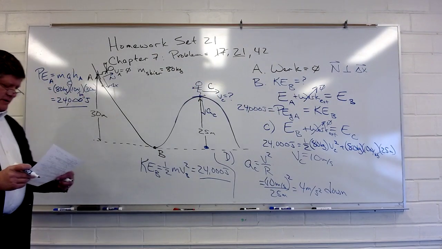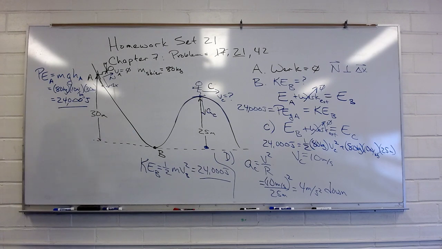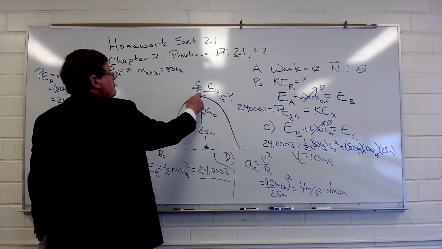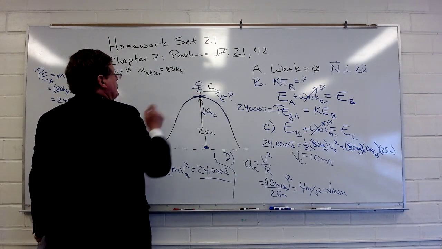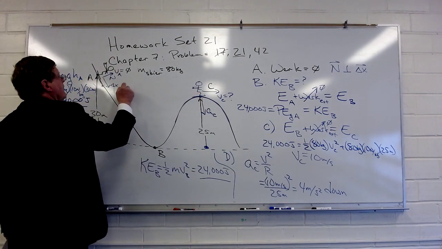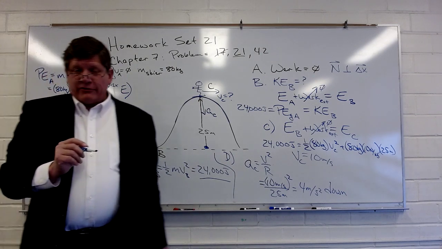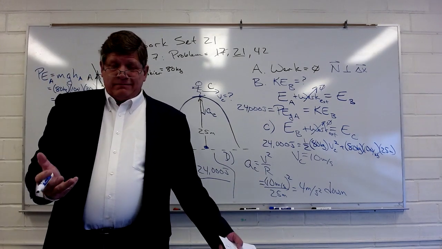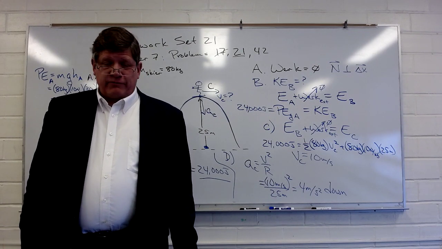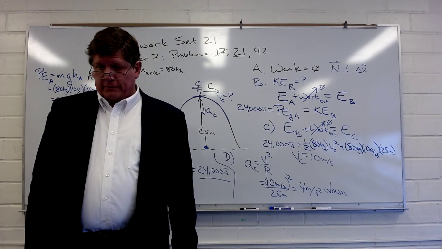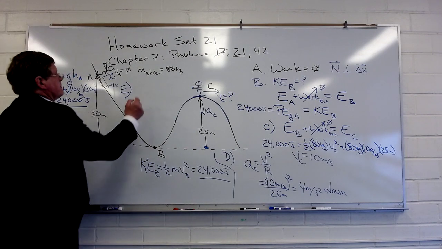Now the last part is a question about force. Part E is asking, what's the normal force on this skier at point C? Well, if I'm asked about a force, what's the first thing I do? What's the first step when I'm solving a force problem? Yeah, free body diagram.